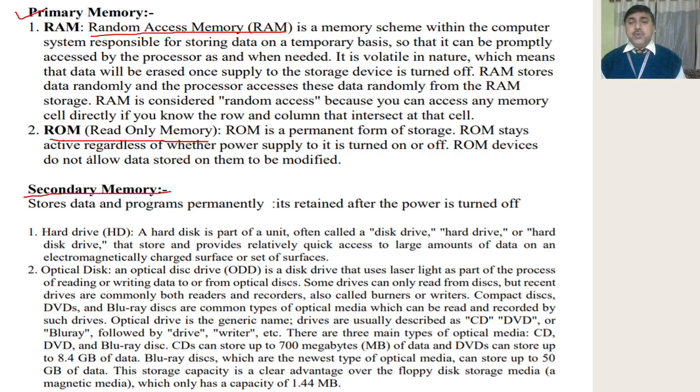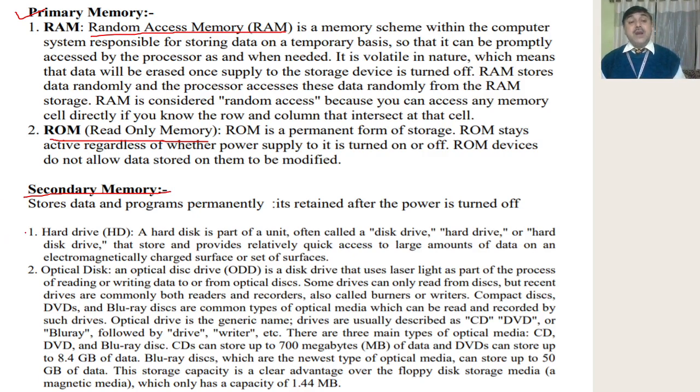That means if you turn off your machine and afterwards you open the machine again, that particular ROM will have all the data in it. So no modification is done. Without any modification, the data will be stored there.